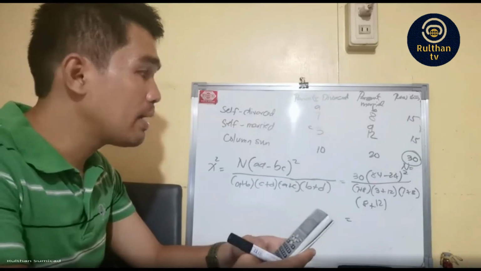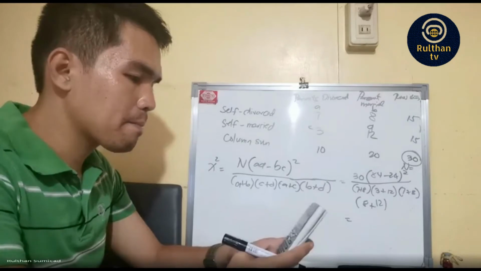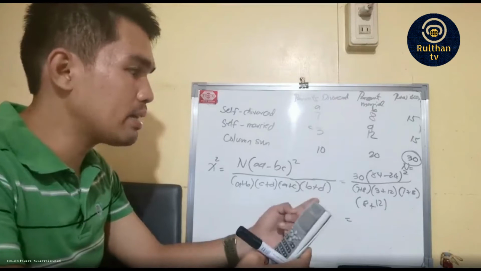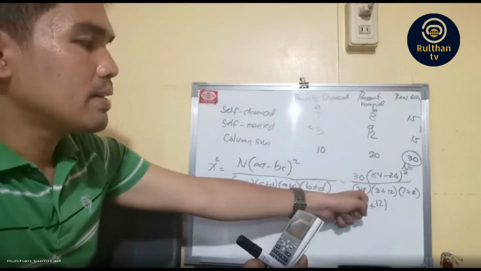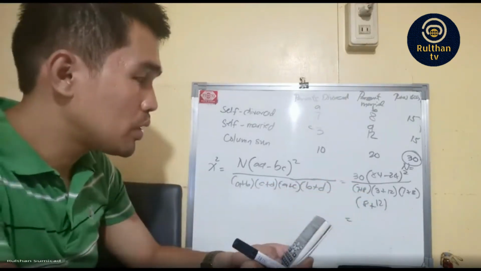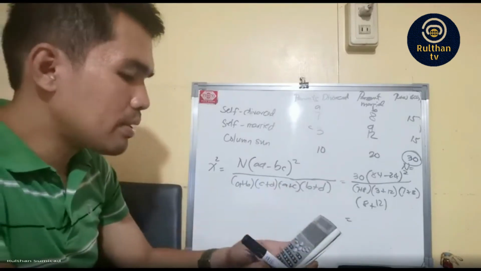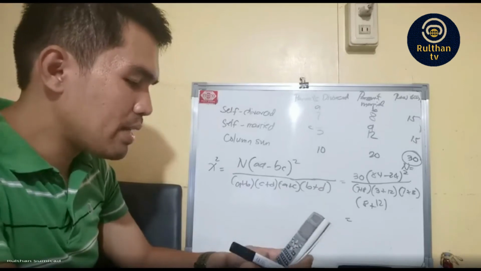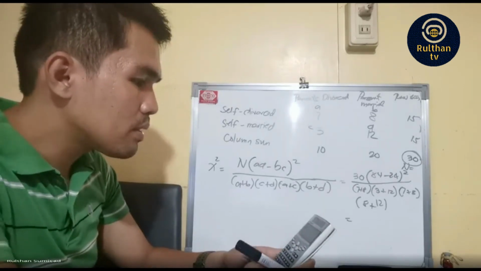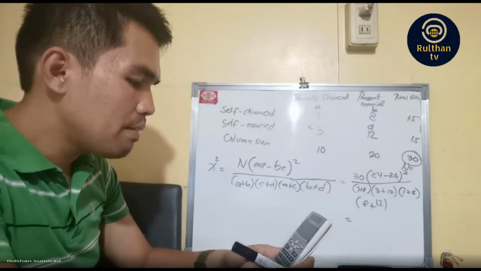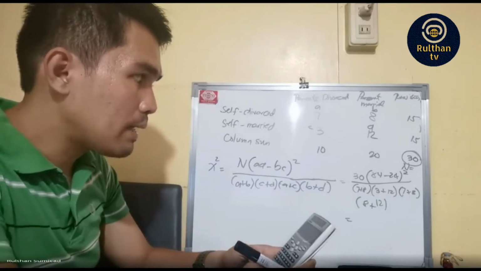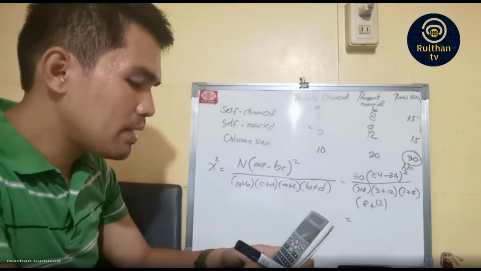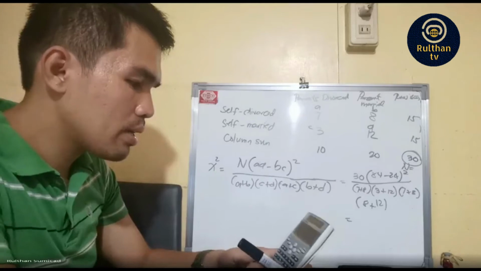Which, if we compute this, that is 84 minus 24, squared, times 30, divided by this one: 7 plus 8, that's 15, times 15, times 10, times 20.